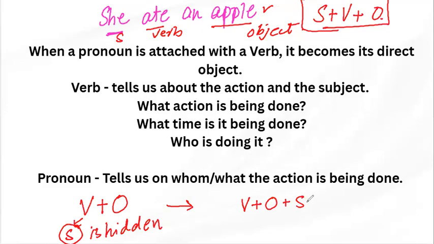Okay? But the majority of the time, this subject can also be hidden within the verb. And how will we identify that? That is what we will learn, inshallah. That is what you call the study of sarf that I talked to you about on the first day of class. Are you guys with me so far?